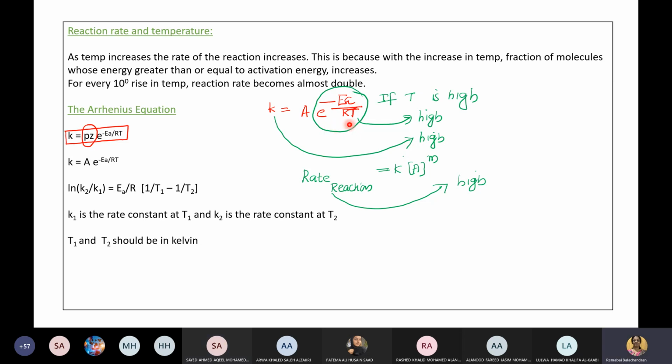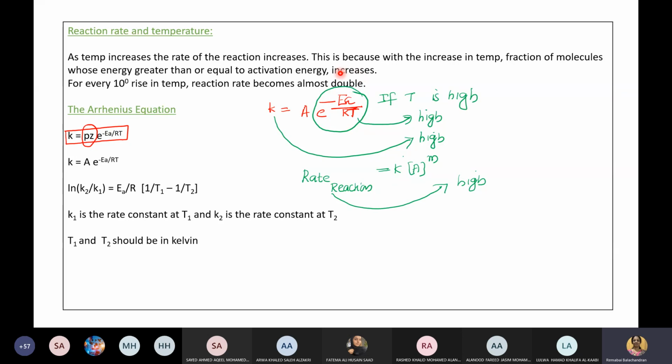So if T is high, this much is high. What is this one? The fraction of molecules whose energy is greater than or equal to activation energy increases. That means this will increase. Activation energy is independent of temperature. Don't read it as activation energy increases. Activation energy is constant.